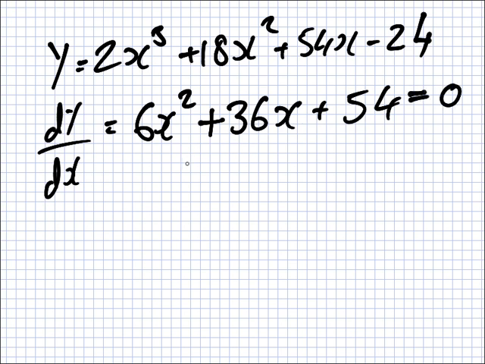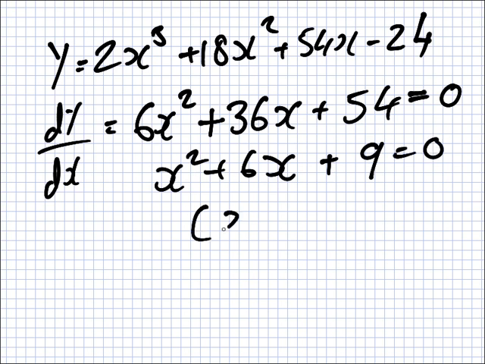I believe I can divide by 6, can't I? That'll be x squared plus 6x plus 9. And this gives me x plus 3 times x plus 3 equals 0.